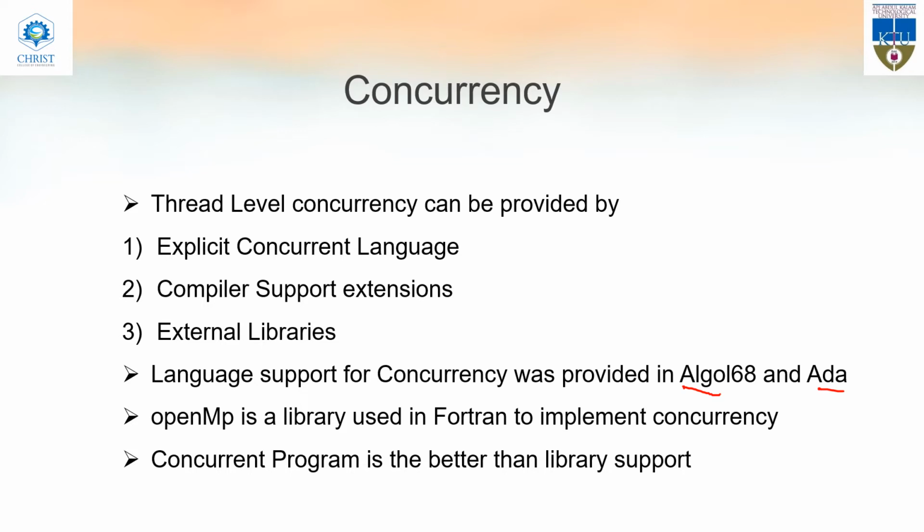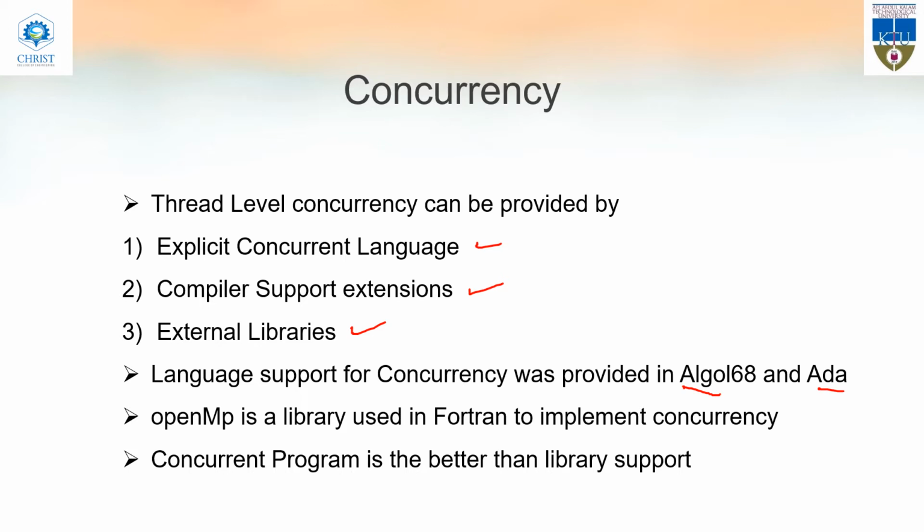So in three ways you can implement concurrency. The first one, the language already has the feature. The second one, the compiler is supported with some extensions. And the third one, the language has some external libraries which can be included in the program so that the feature called concurrency can be included.